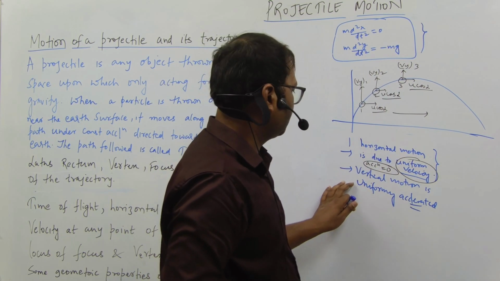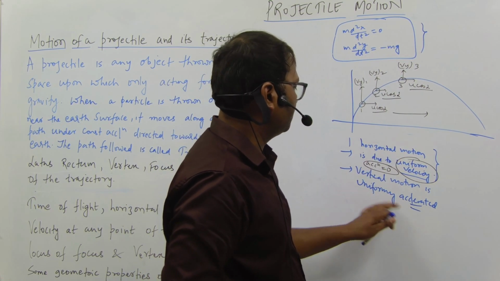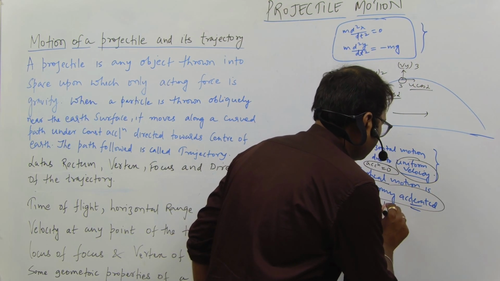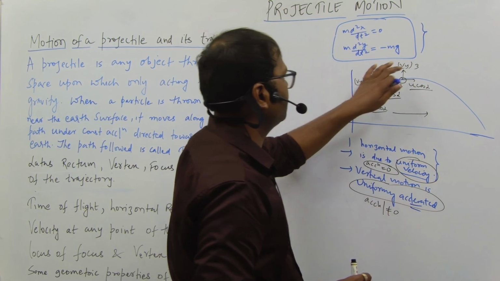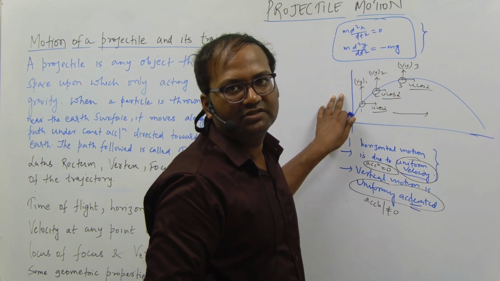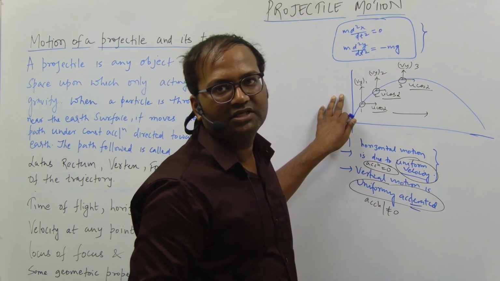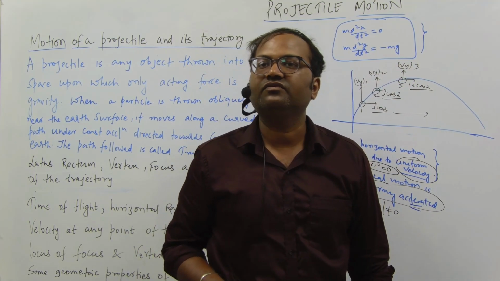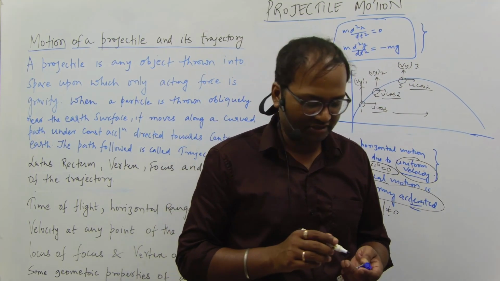But the vertical motion is uniformly accelerated, and acceleration is not 0, because the velocity is getting changed. Acceleration is the change in velocity, so we can say the motion is uniformly accelerated. Let us proceed further.